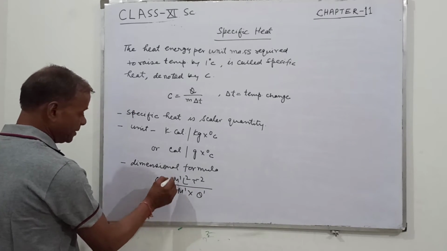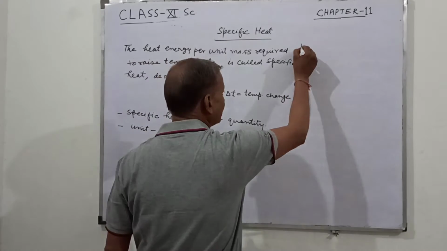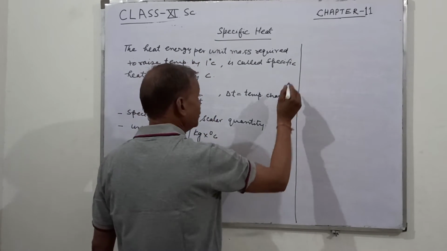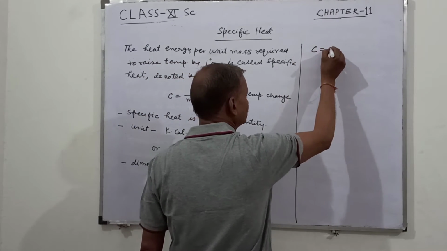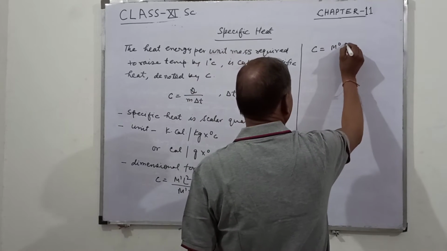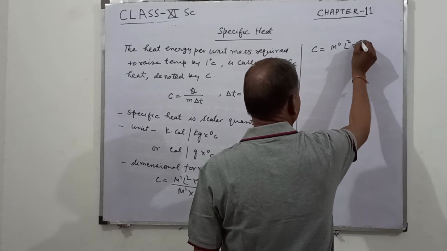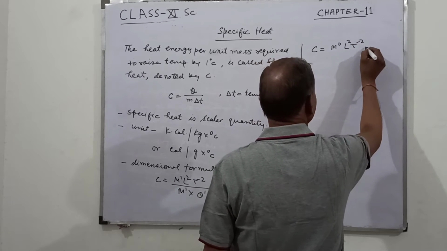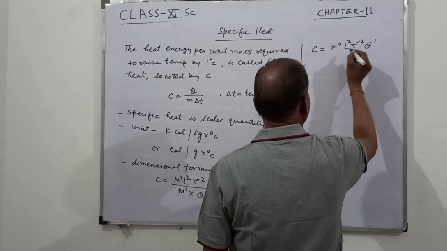So this M and M will cancel, and you will have C equal to M0 L2 T minus 2 theta minus 1.